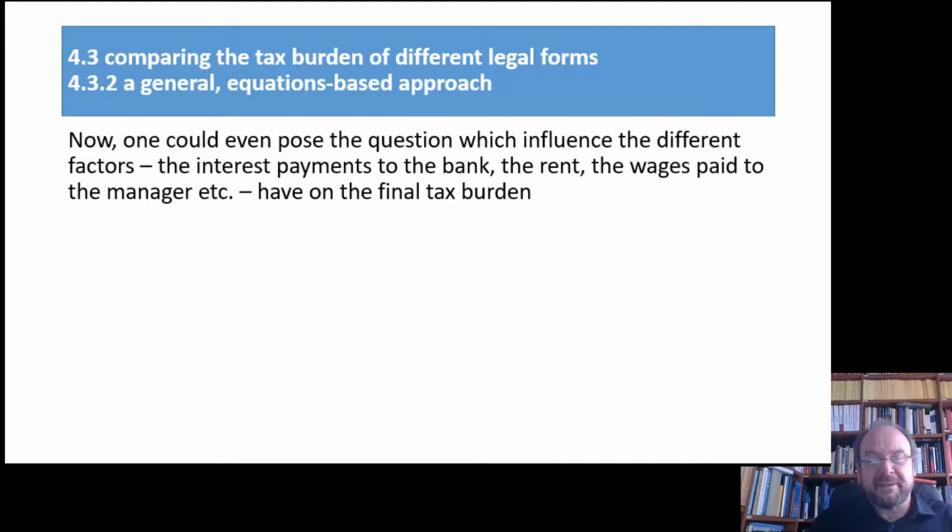So you could ask yourself, is it possible to find an approach where you can really, with mathematical precision, bring forward a theory or a remark how much a certain component of a tax base influences the tax burden? So could you say, how much does agreeing on the wage for the manager influence my total tax burden?